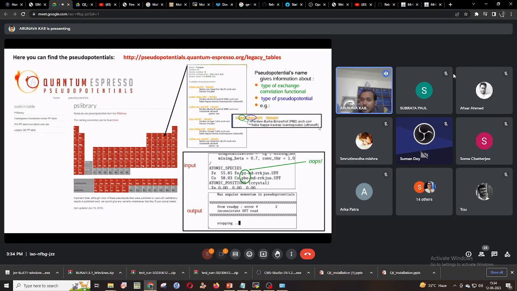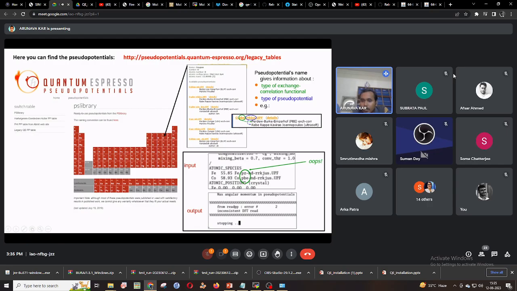But here, one thing we always need to remember is that if we are using different atoms like Fe and cobalt, then we cannot use different types of exchange correlation functional. Like in cobalt, we are using PBE, but in case of Fe, we are using PZ.